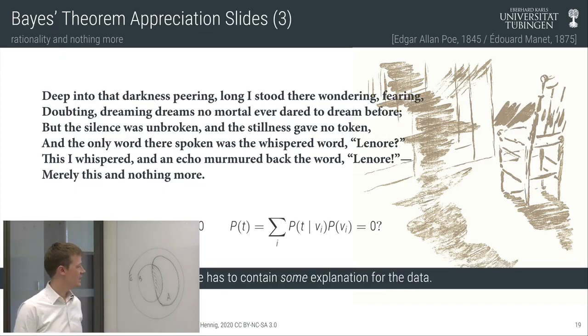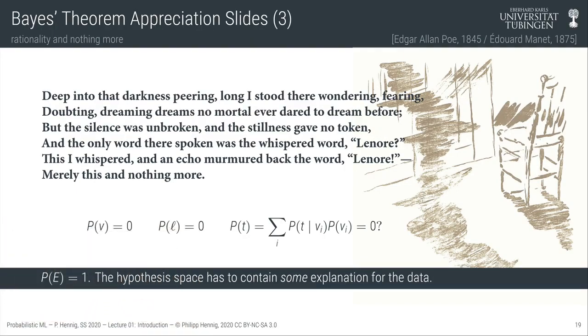Then what this creates is an inconsistency in your reasoning system, because you've just observed that there was a tapping. So the probability for the tapping has to be larger than zero because you observed it, right?